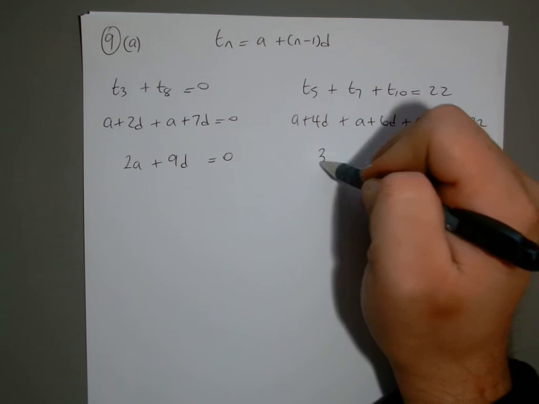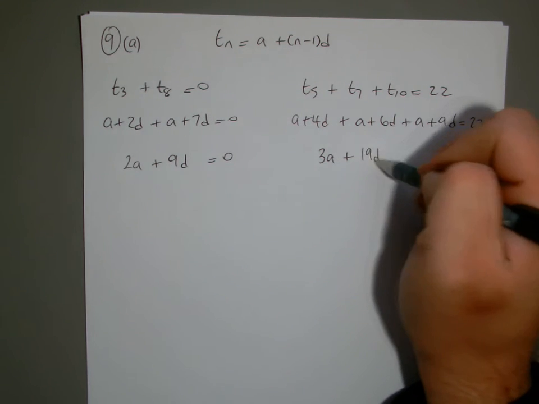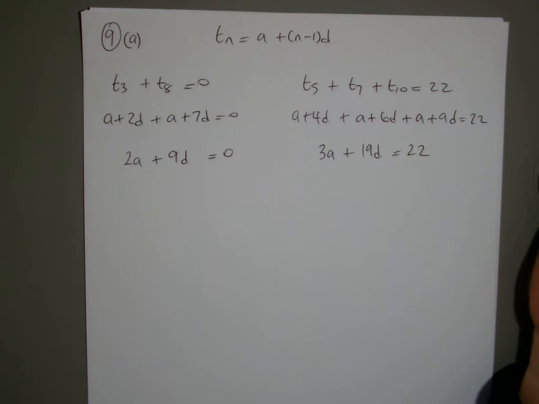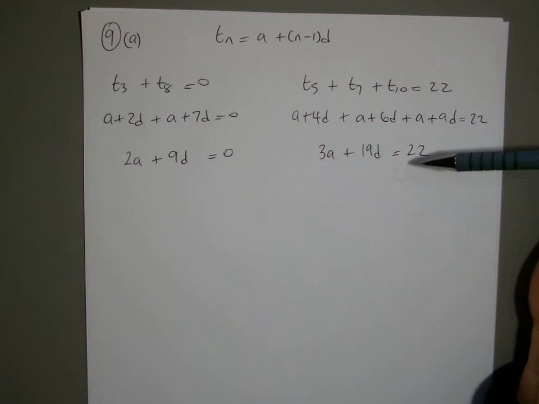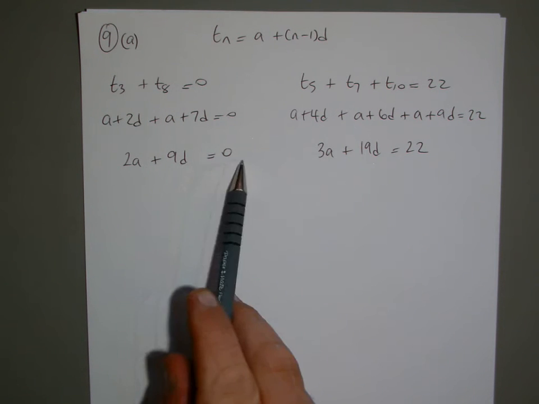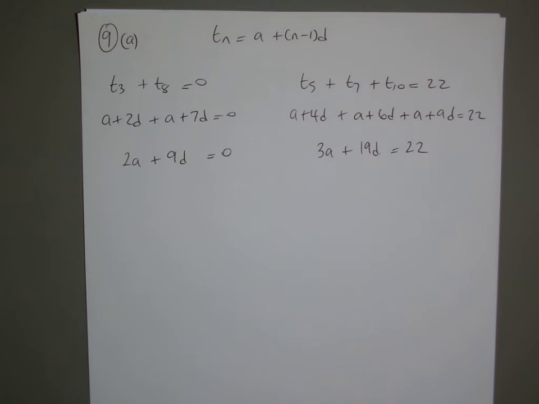So this works out to be 3a plus 19d equals 22. When I compare the two here, there's nothing much I can do quickly, because I can get 2a equal to minus 9d, but I haven't got 2a here, I've got 3a, so it's like 1.5 times it, so it gets a bit messy.